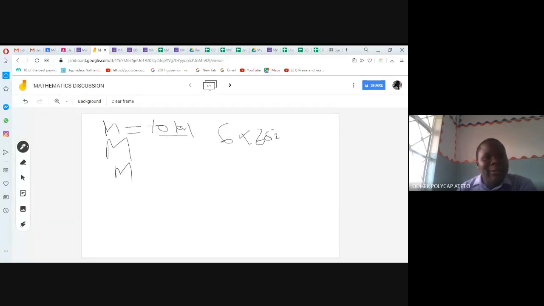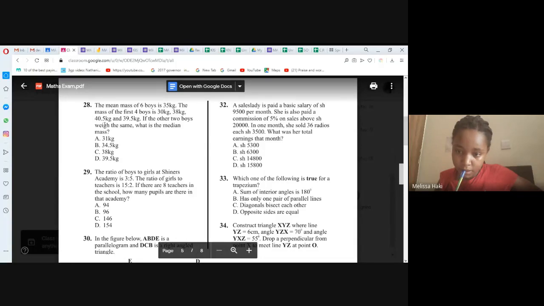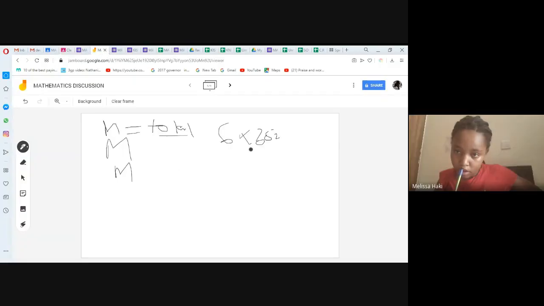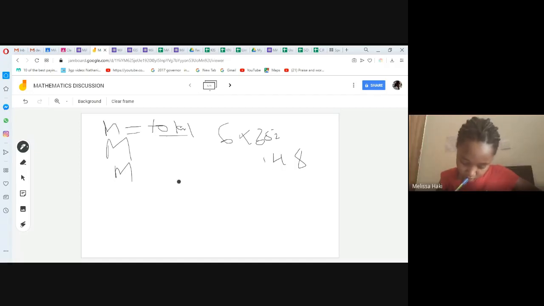So if that one is the total marks, then add this one for 4 boys. Add 30, 38, 40.5, 39.5. What do you get? 148. So can you subtract from 210? What do you get? 62.